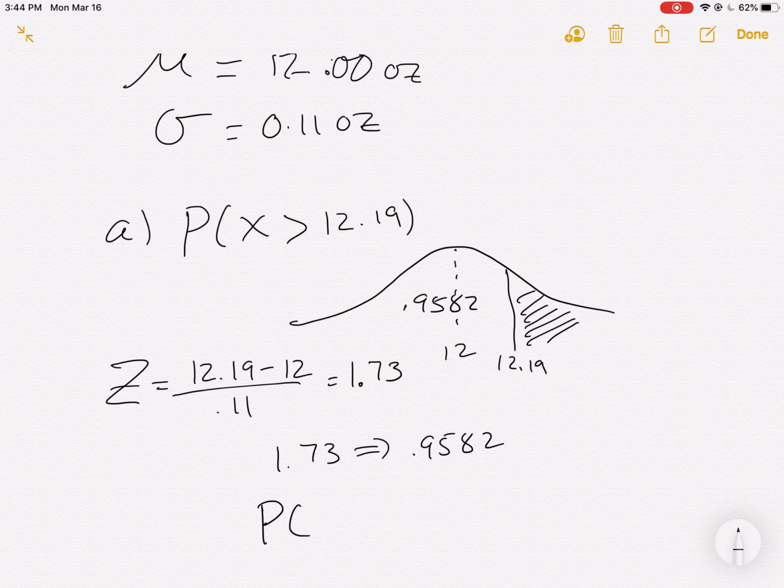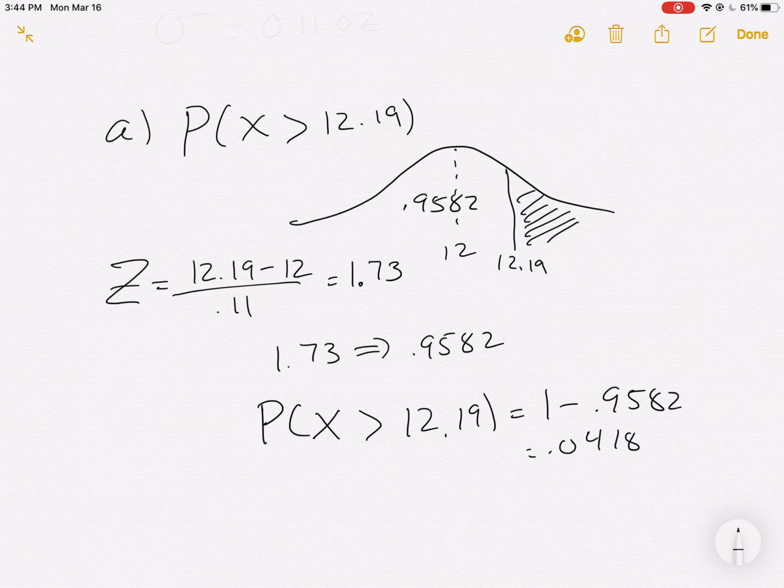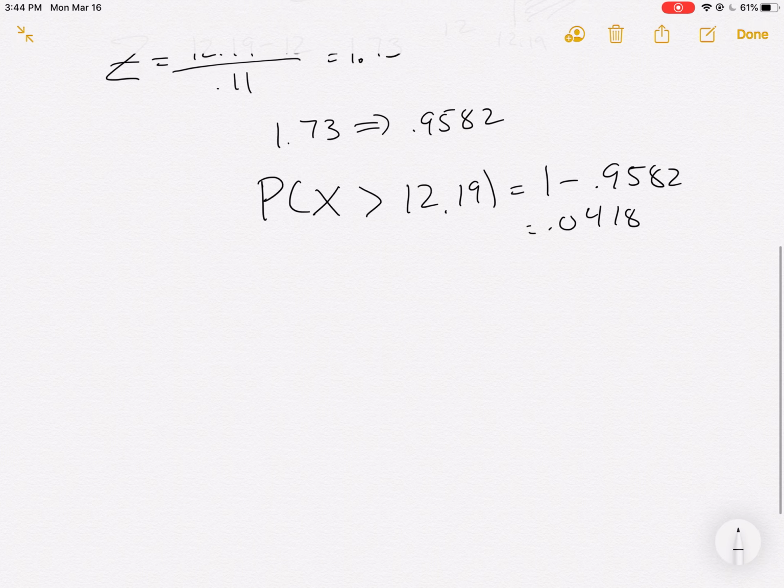So the probability that a single can of Coke has a volume greater than 12.19 is going to be 1 minus 0.9582. If we do that really quick, we come up with 0.0418. So that is part A, 0.0418 in number 16.